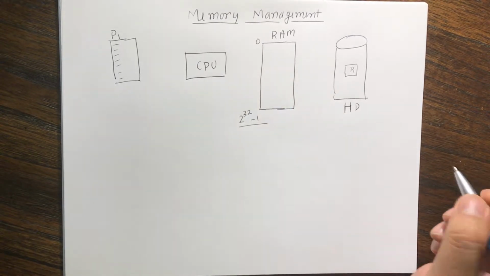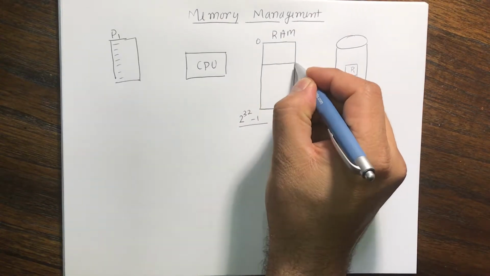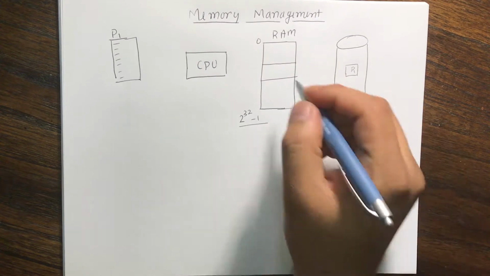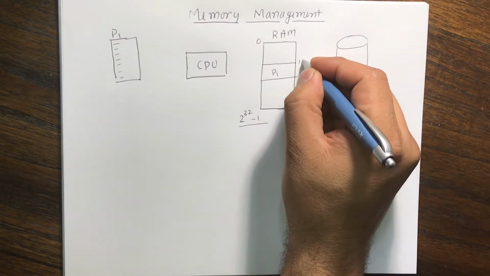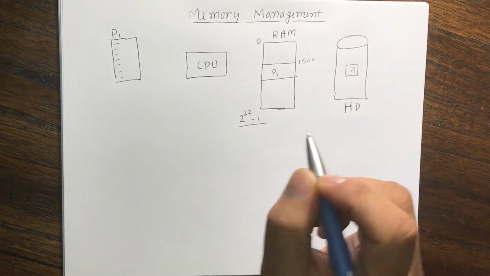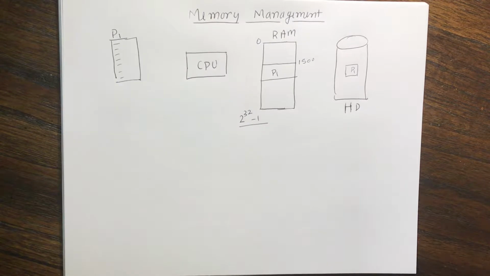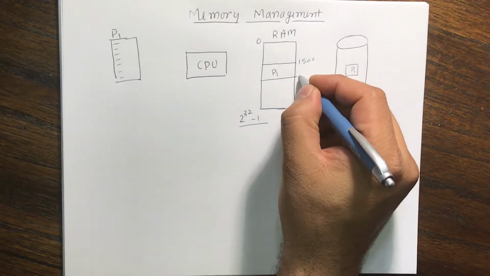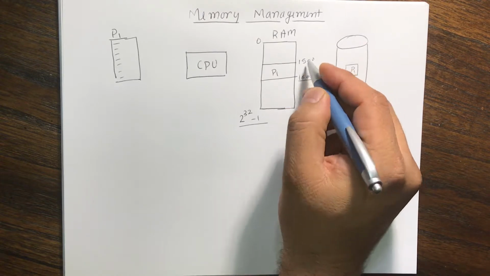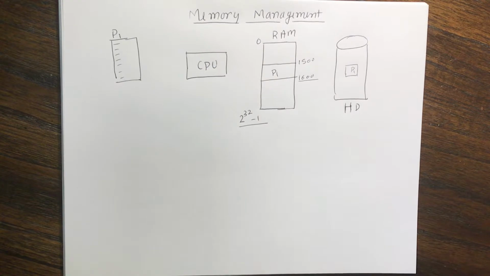Let's say I run my program, and P1 gets copied inside my RAM at address 1500. P1 had 100 lines of instructions, so that becomes 1600. My program is stored between the addresses 1500 and 1600.